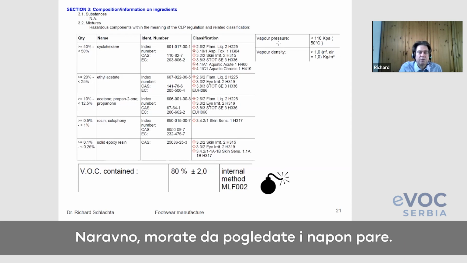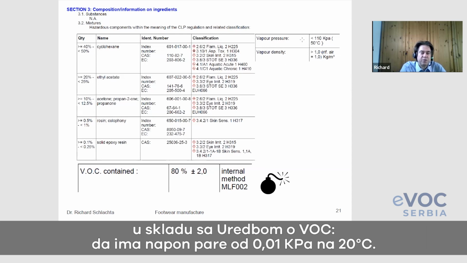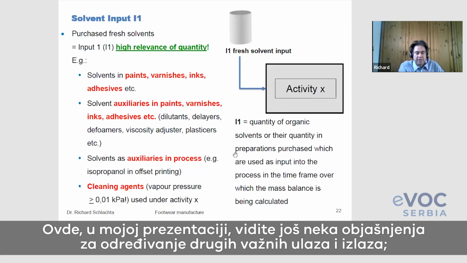Then, of course, you must always look at the vapor pressure, because why? Remember, the vapor pressure is the criterion when we consider an organic solvent as VOC or as a solvent under the VOC decree. It is 0.1 kilopascal at 20 degrees Celsius.